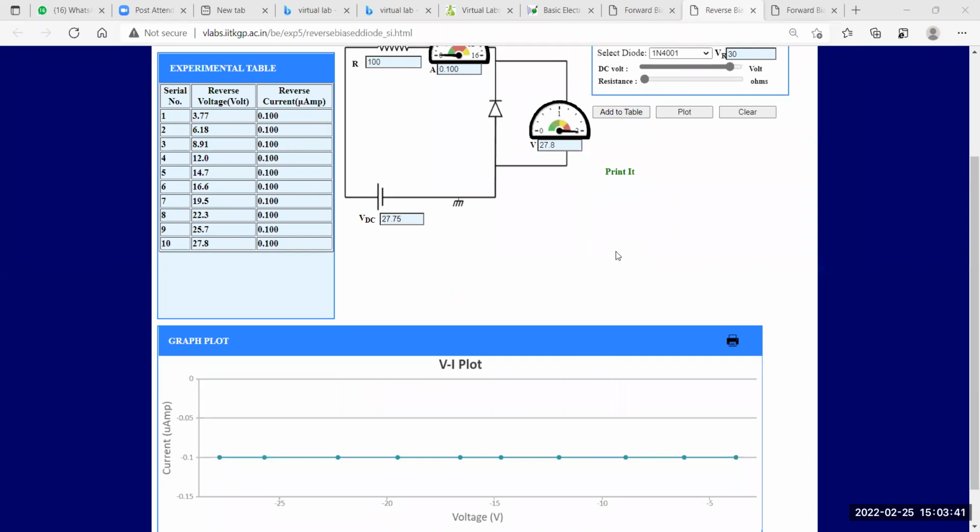Hello, hello student, hello, can anyone answer me? What is the criteria to make our lab note?